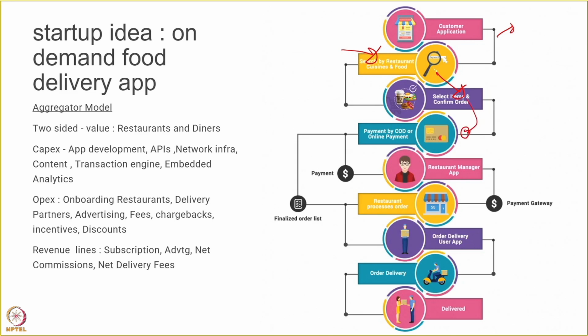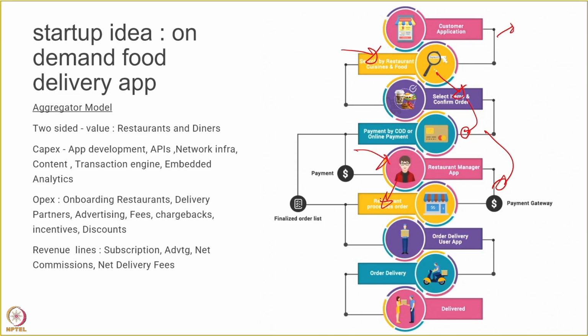and allow them to actually select what they actually want to order at this point in time, the items, and confirm those orders, and basically pay for them using different payment methods processed through a payment gateway partner.